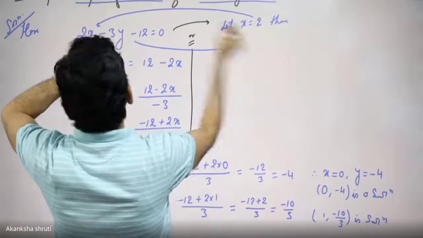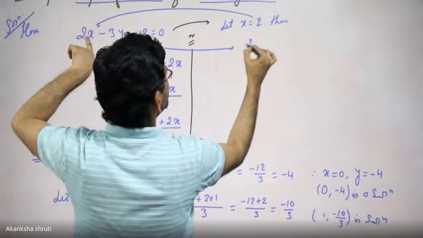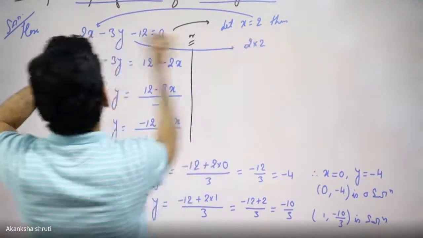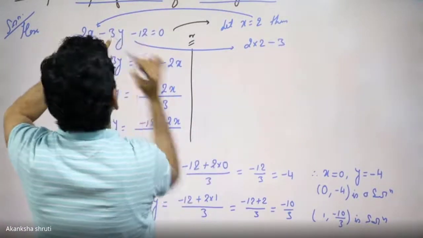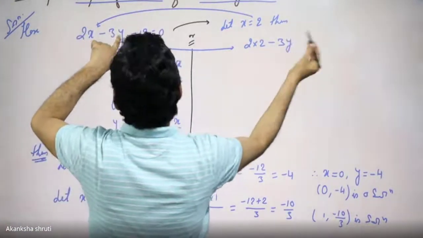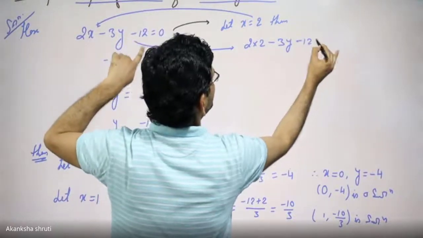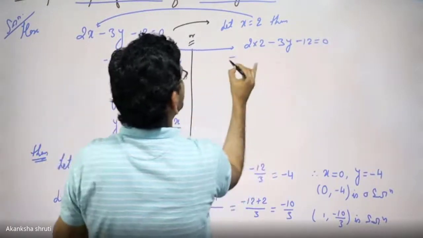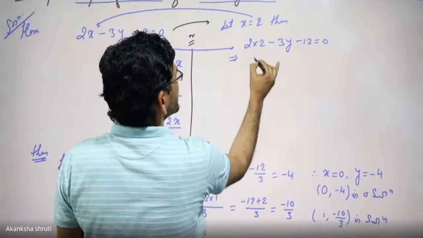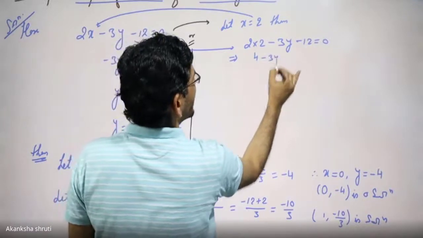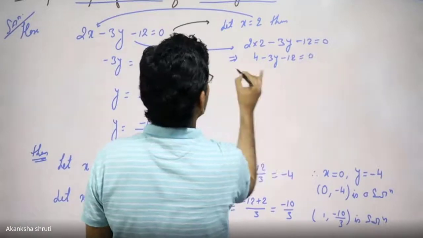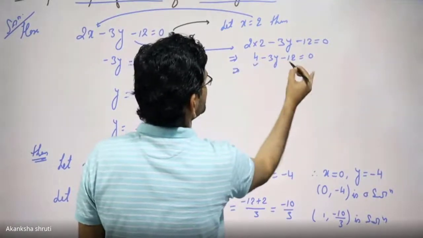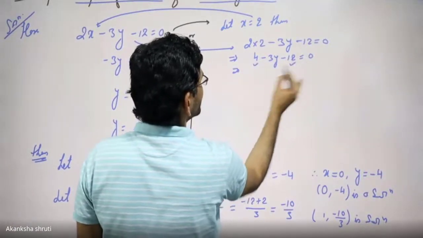Student, take this x equals 2, substitute 2 into 2x. This x, 2, we have substituted here. Minus of 3, then this y is already there, the y we want to calculate. Minus of 12 equals 0. This implies 2 into 2 is 4, minus of 3y minus of 12 equals 0. So this constant 4 and minus of 12 can be combined.